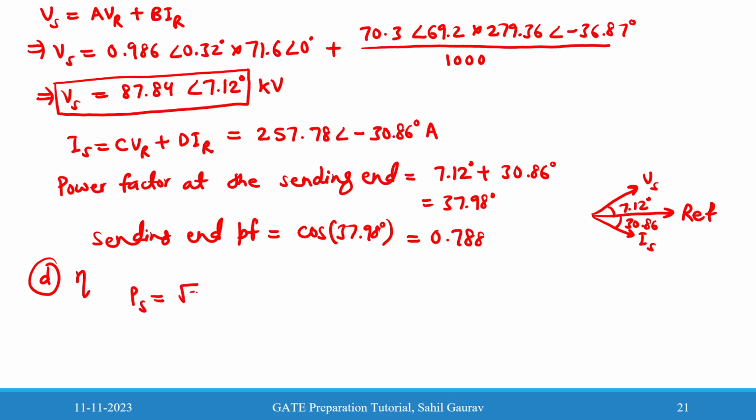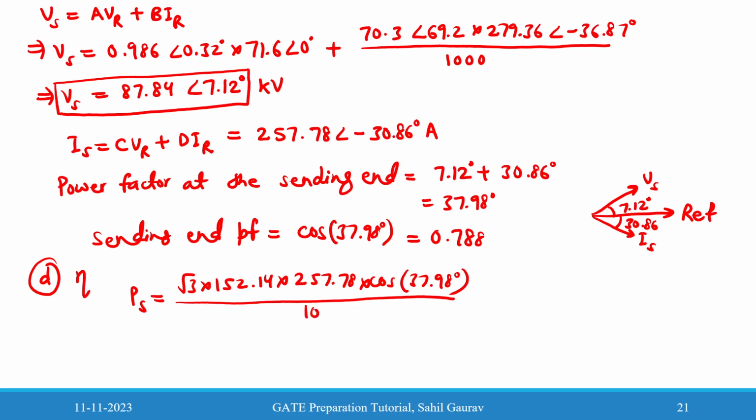So applying root 3 into VS line-to-line, root 3 into 125.14, current is 257.78, cos of 37.98. Divide by 1000 so that we can get it in megawatt. So we get 53.52 megawatt.